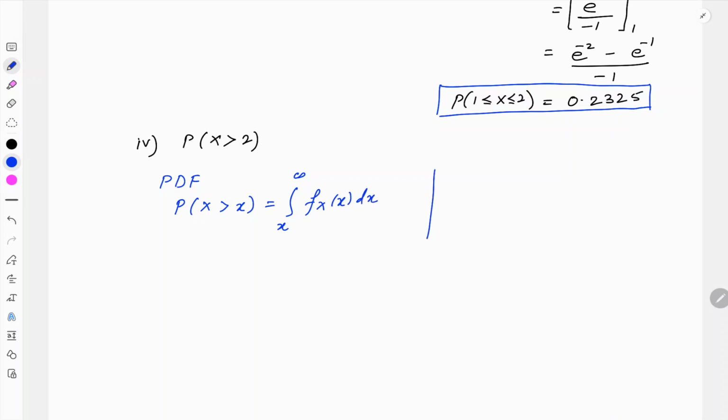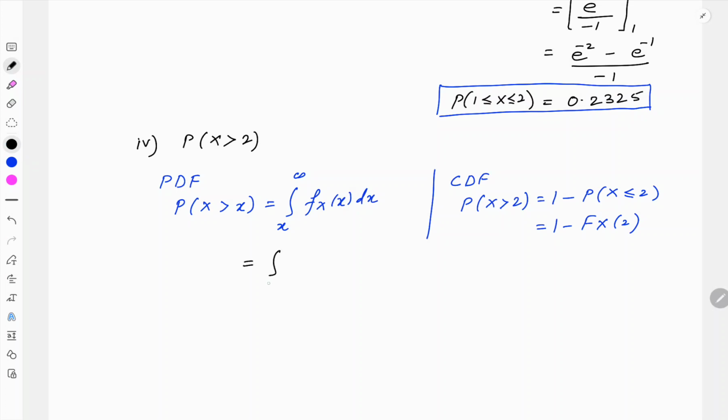Similarly, if you want to find out the probability of x greater than 2 using CDF function, we can use it as, so probability of x greater than 2 will be equal to 1 minus probability of x less than or equal to 2, which is equal to 1 minus CDF of x of 2. So using CDF also we can find out the answer for this fourth part, and using PDF also we can find out the answer. So we can use any one.